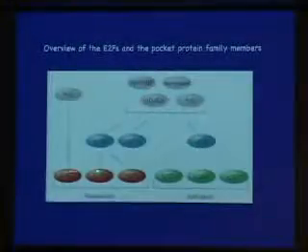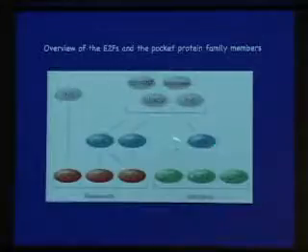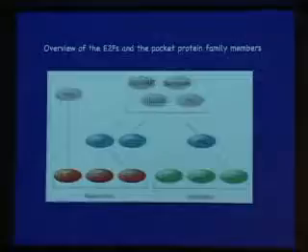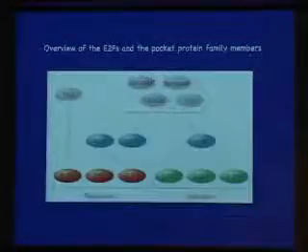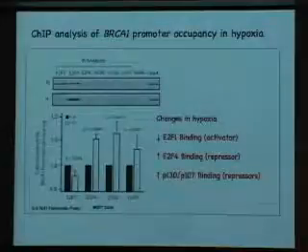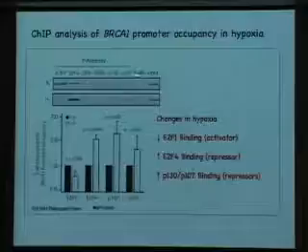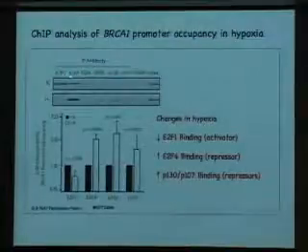So we went on to look at the E2F family, and most of you know that the E2F factors are either repressors or activators, and they interact with the retinoblastoma protein and related pocket proteins P130 and P107 to form these repressive or activating complexes. And we used the technique of chromatin immunoprecipitation, which allows you to ask if a factor is sitting on a promoter.